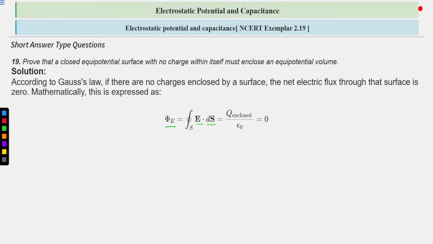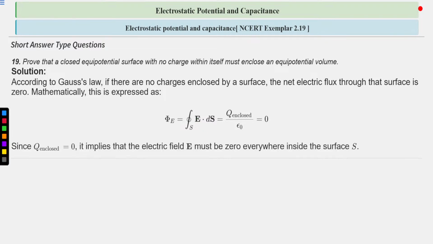So if there are no charges enclosed, electric flux will be 0. Since Q enclosed is equal to 0, it implies that electric field E must be 0 anywhere inside the surface S. Okay, so if Q is equal to 0, and we have to prove what?